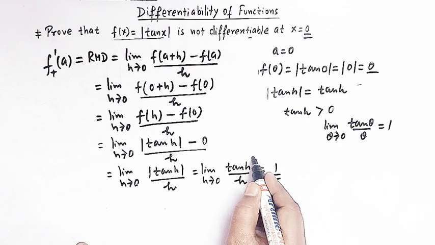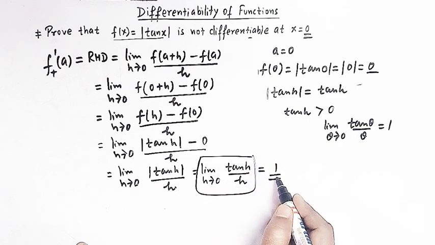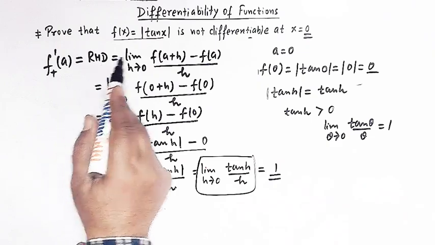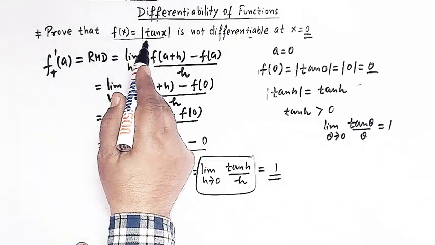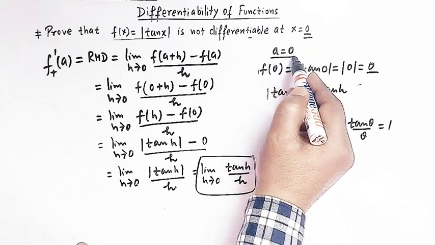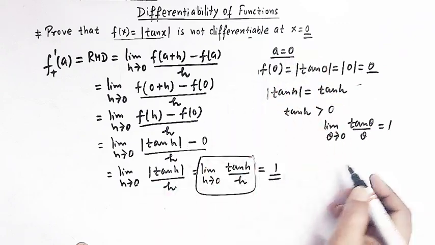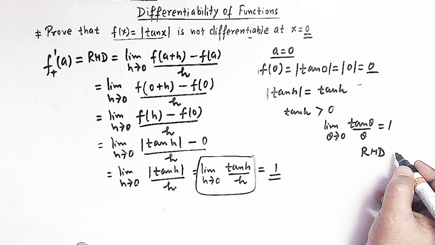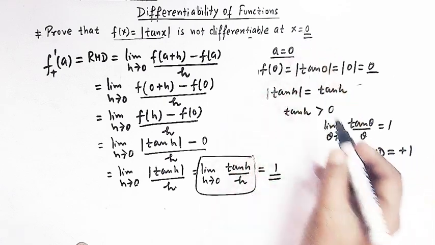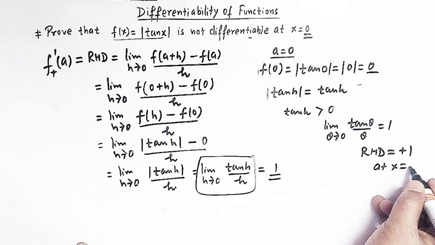So the value of this limit is equal to 1. So the value of the right hand derivative of f of x equal to mod tan x at x is equal to 0, or a is equal to 0, is 1. So the right hand derivative has the value plus 1 at x is equal to 0.